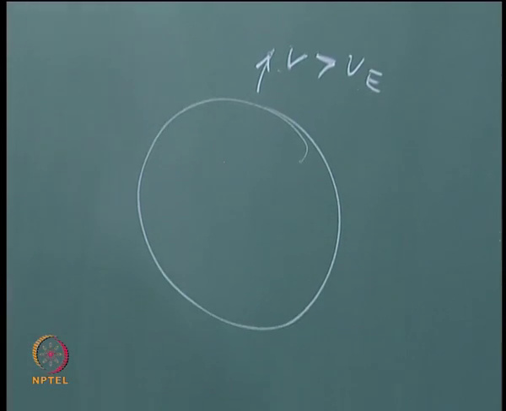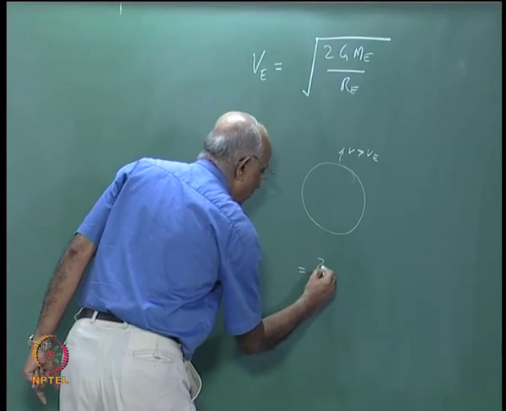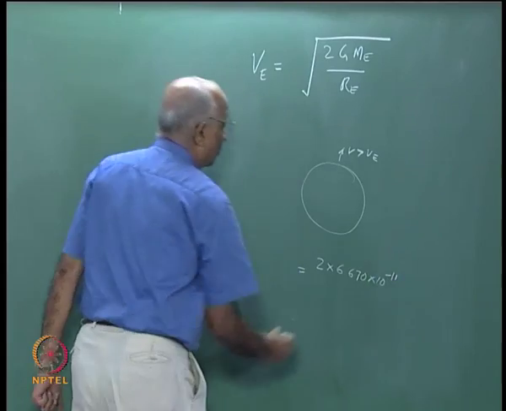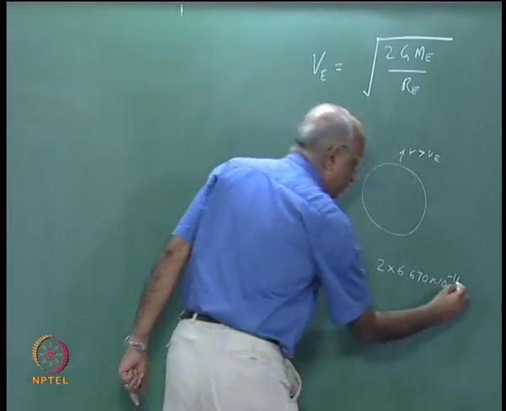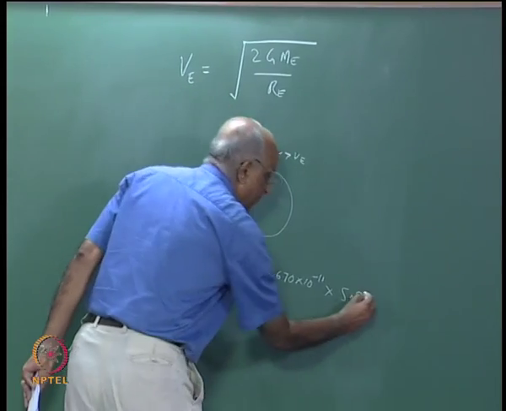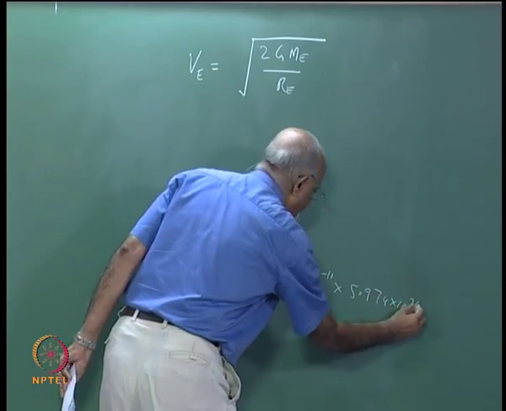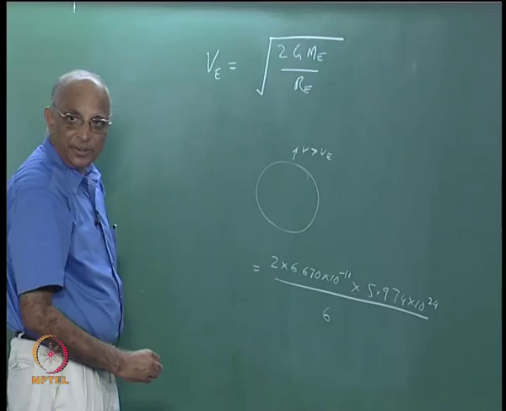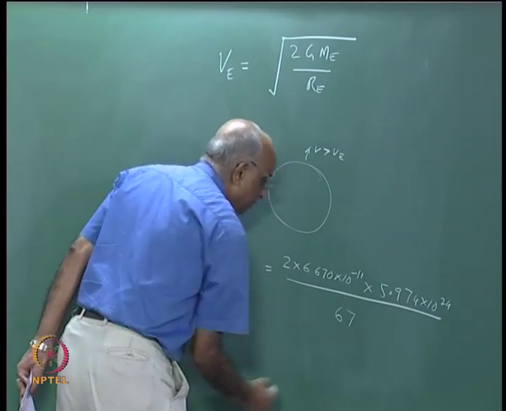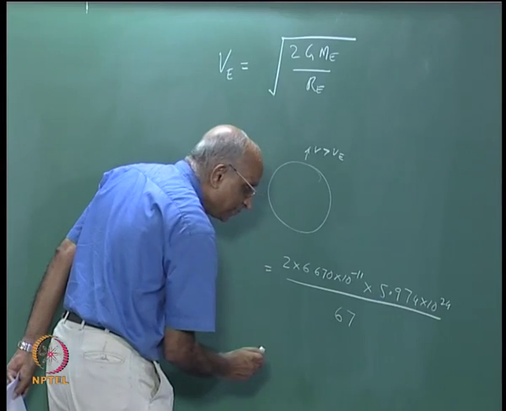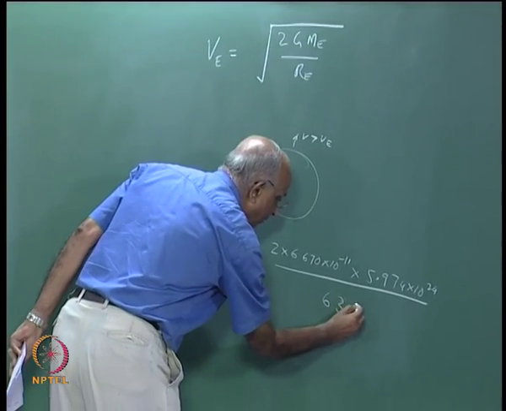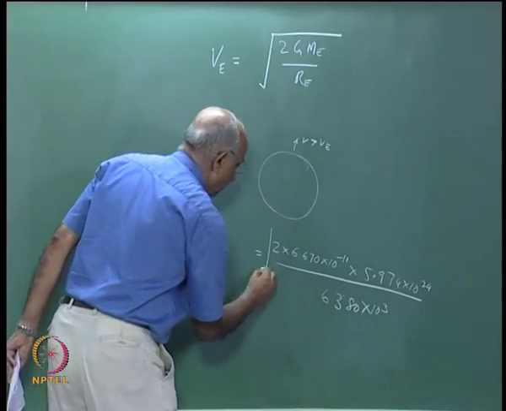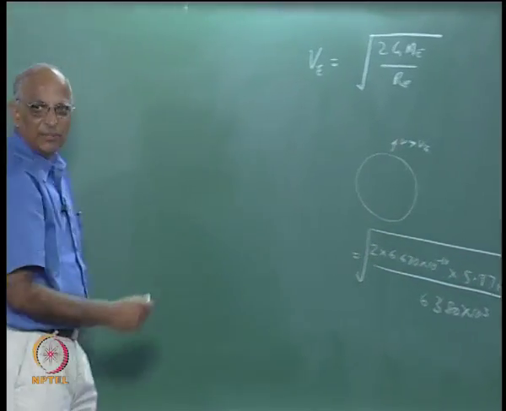Again we say the escape velocity from the surface of the earth is equal to the square root of 2 times the gravitational constant 6.670 x 10^-11 newton meter squared per kilogram squared, times the mass of the earth 5.974 x 10^24 kg, divided by the radius of the earth 6.380 x 10^3 meters, and this is the escape velocity from the surface of the earth.